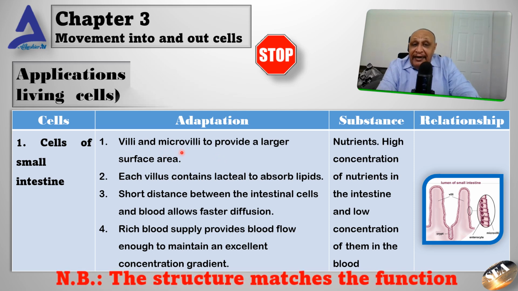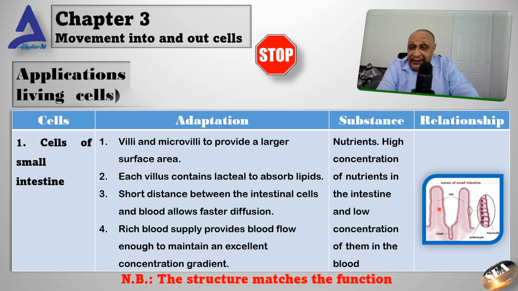Villi and microvilli. If we take just this part up here, we're going to see smaller finger projections on the surface. So this is called villi, and here is the microvilli.